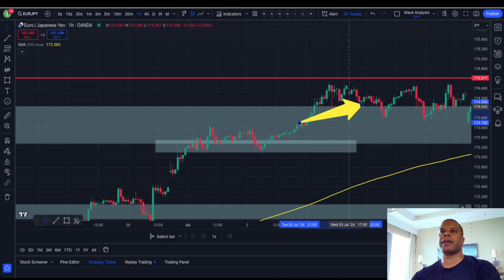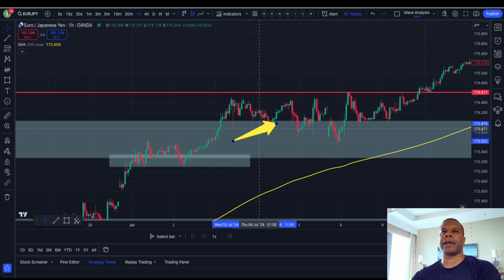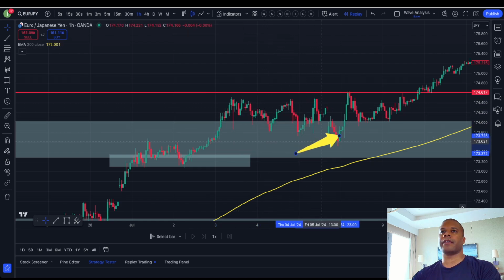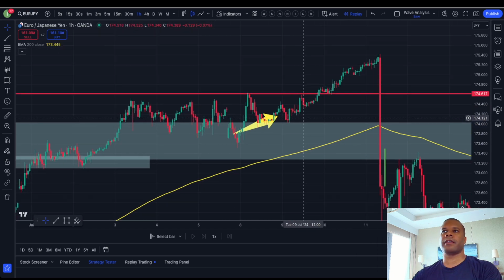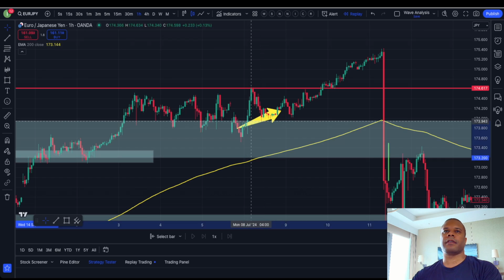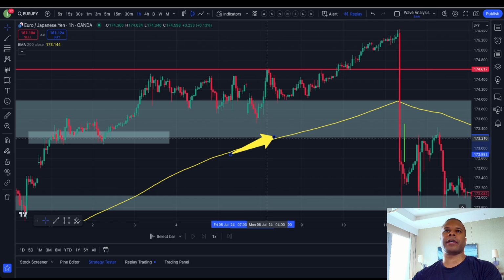Then we start to see rejection here. And then we see some more highs and lows. They weren't like major, right? But we've seen one here, kind of here, or I should say here. This was the start of the next run.